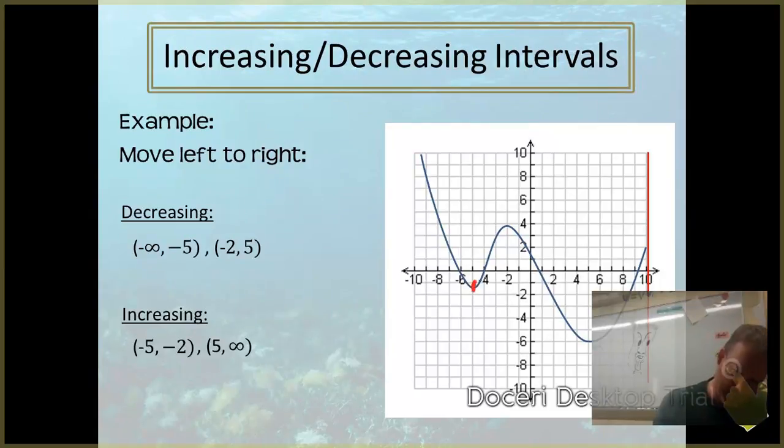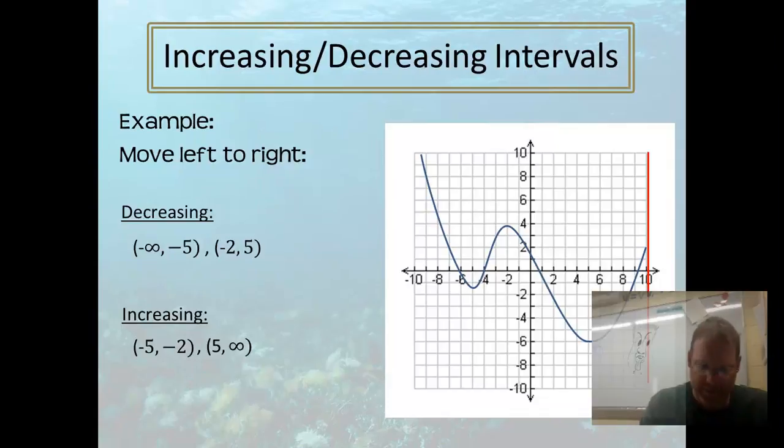Bear with me. That point right there, it's not increasing and it's not decreasing. It's actually 0. The slope at that point, that instantaneous slope, is 0. So it's neither increasing nor decreasing, and that is why we use soft brackets instead of hard brackets.